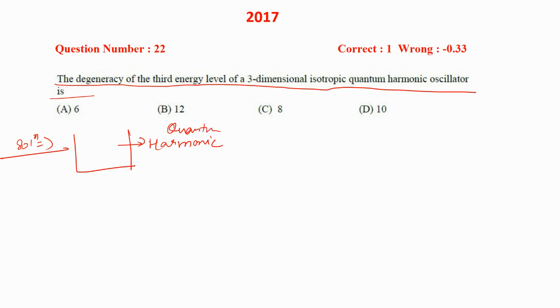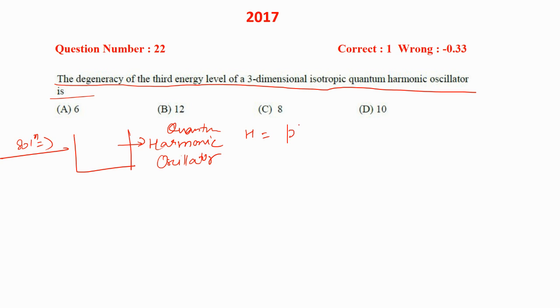You have to find out the degeneracy of the third energy level of an isotropic quantum harmonic oscillator. For the quantum harmonic oscillator, I'm not solving the Schrodinger equation, but I'll directly tell you what the energy and the wave function are.